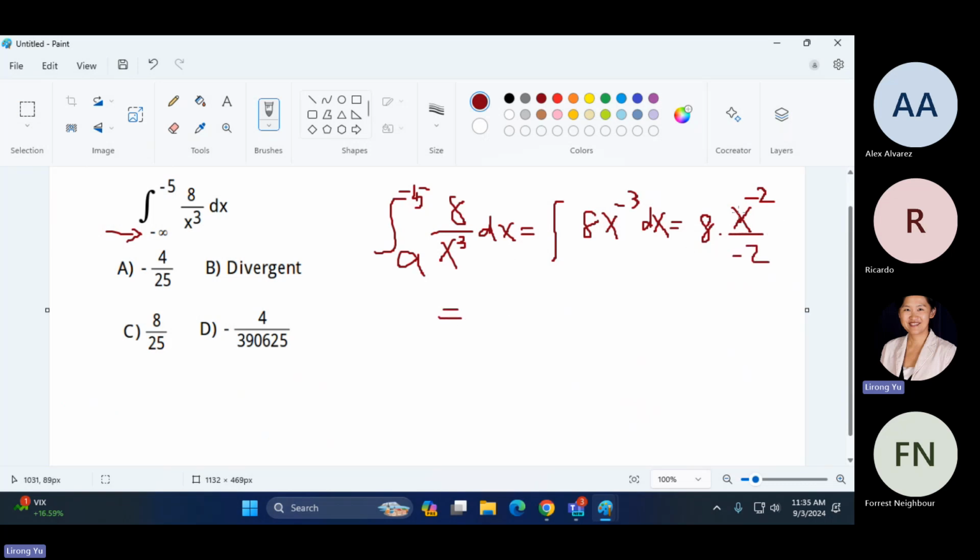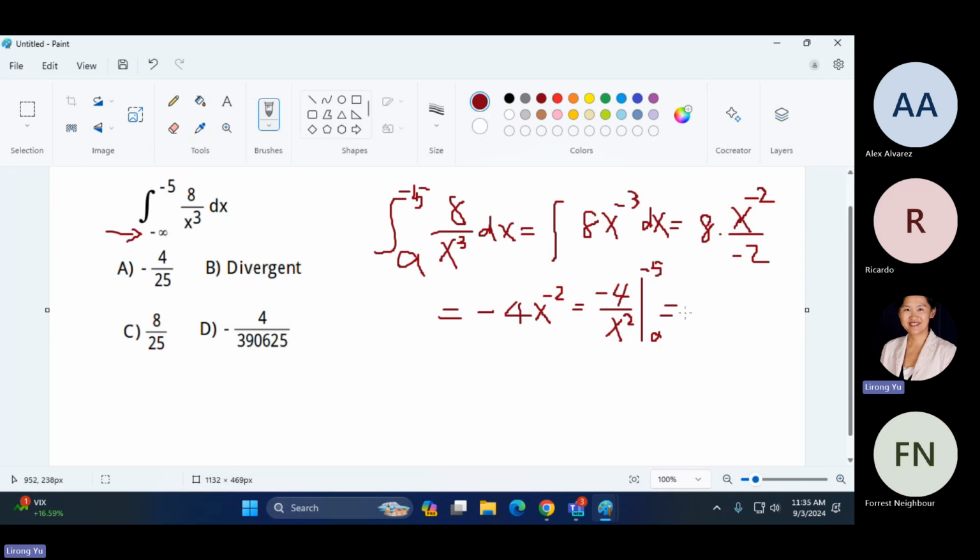This is equal to 8 over negative 2, which is negative 4, as the coefficient, times x to the negative 2. Writing it back as a fraction, it's negative 4 over x squared, because of the negative power. Now we have to evaluate at negative 5 and then a.